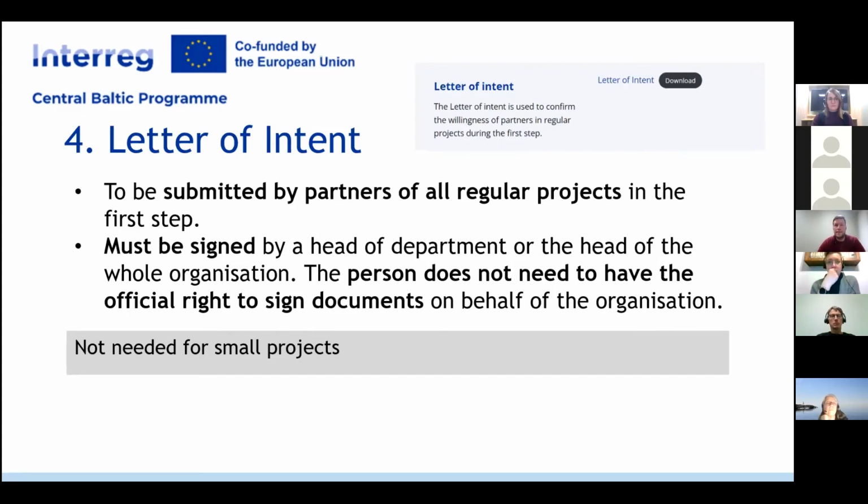For example, that could be some head of a department or the head of the whole organization, and you will not need to submit any other document regarding this person's right to sign this letter of intent. This letter of intent is not needed for small projects. And for the letter of intent, as mentioned, there is a template available as well, and you are able to download it from the Central Baltic webpage.